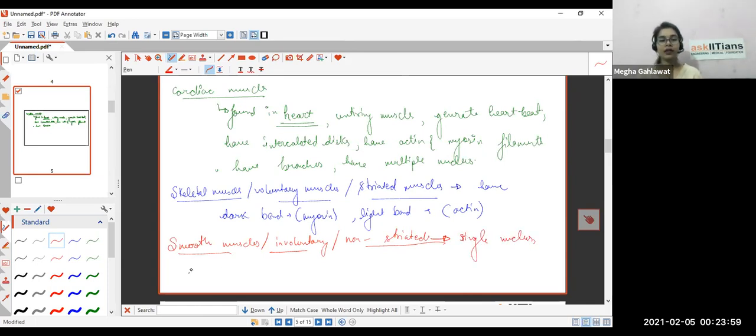And the muscle filaments, is what I'm talking about, are present in a homogeneous mixture. By homogeneous mixture, I mean that they are mixed with each other so that there is no alternate dark and light band.